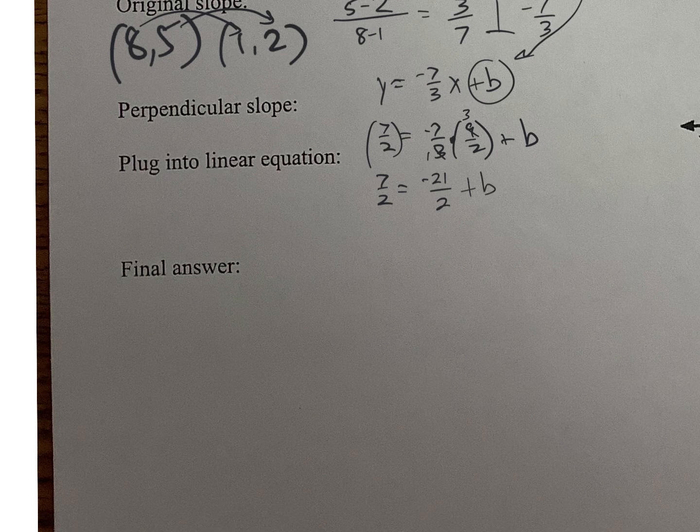Okay. And then we're going to add 21 halves to 7 halves. So 7 halves plus 21 halves is going to be equal to b on the right side. So we get 28 halves equals b. And 28 divided by 2 is 14.